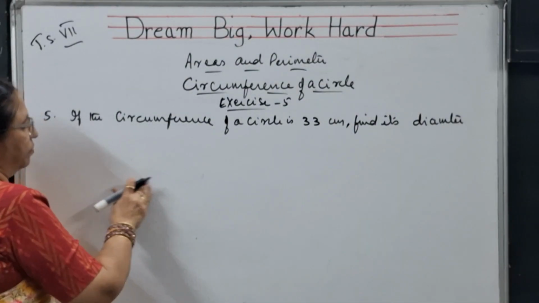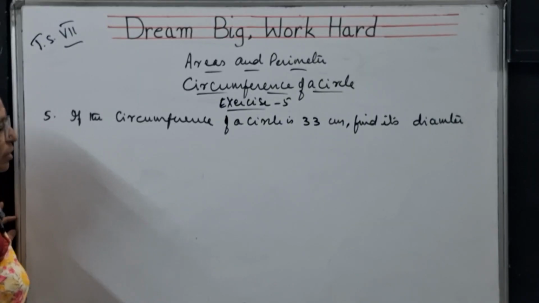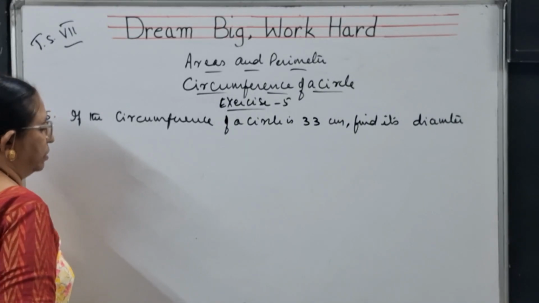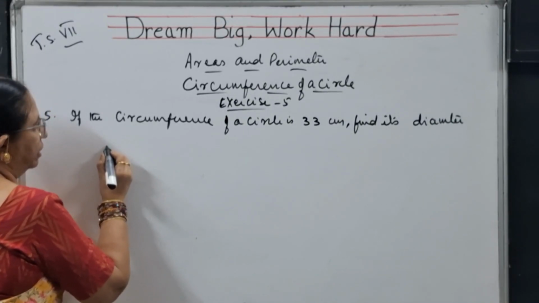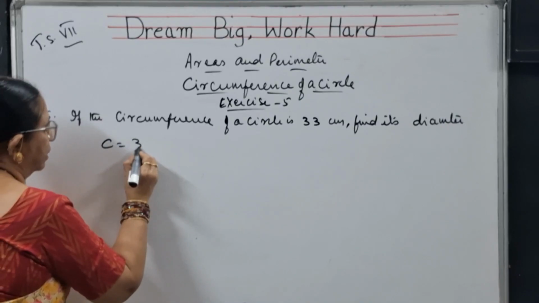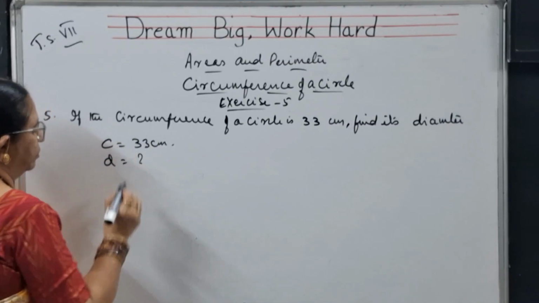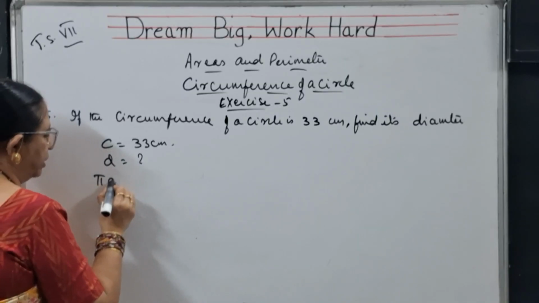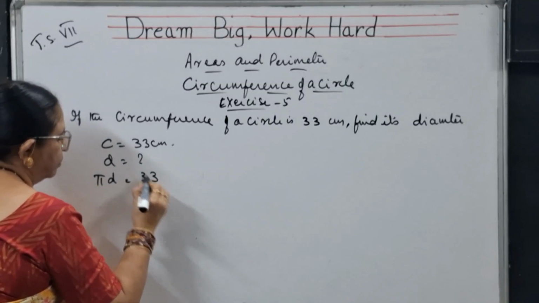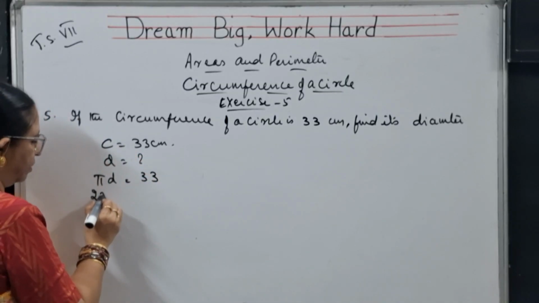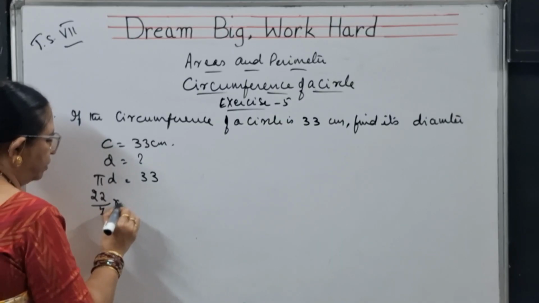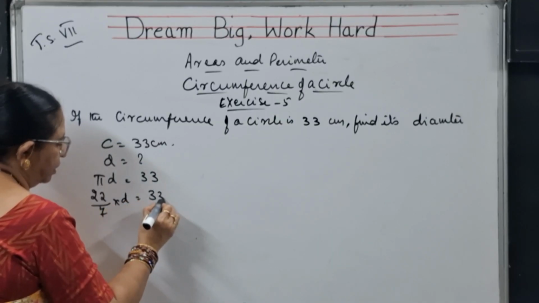If the circumference of a circle is 33 centimeters, find its diameter. So they have given the circumference as 33 centimeters, and the diameter is how much? That means the formula is pi into d is equal to 33. Pi is 22 by 7 into d is equal to 33.